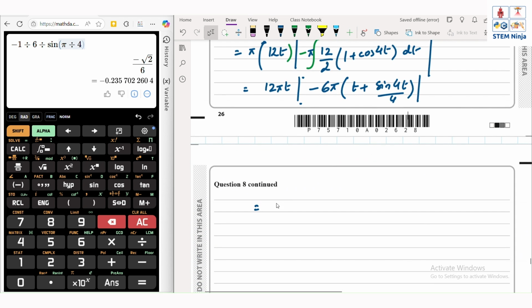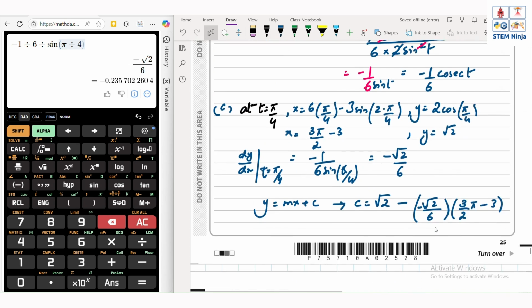So let's simplify: 12 pi t minus 6 pi t minus 6 pi over 4, that means 3 over 2, sine 4t.